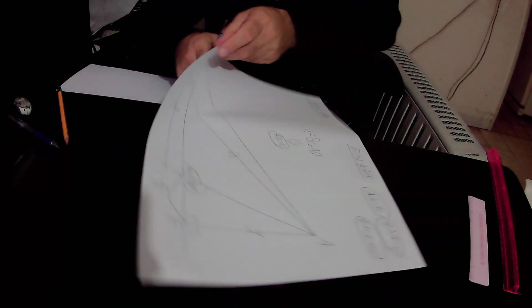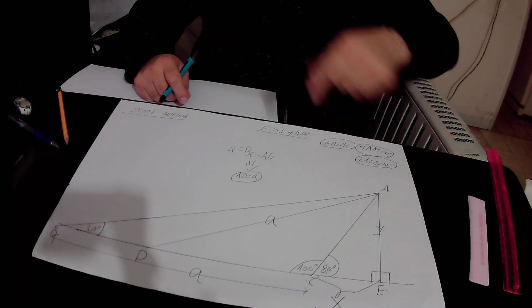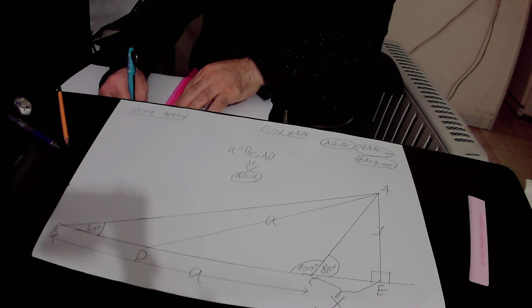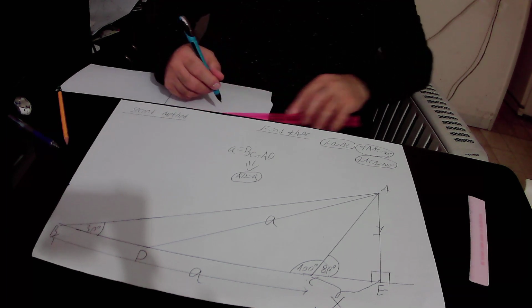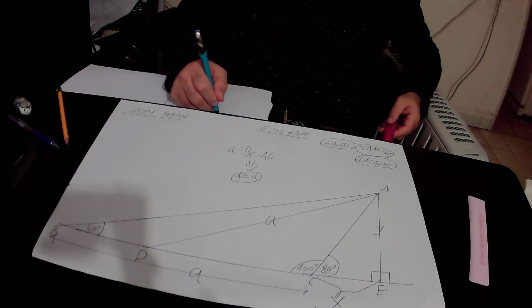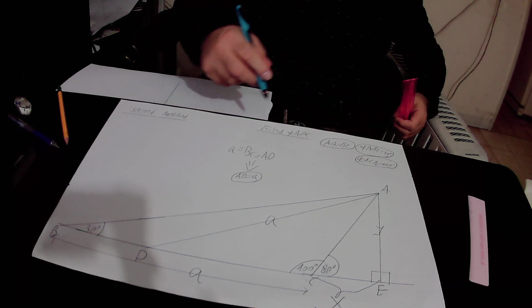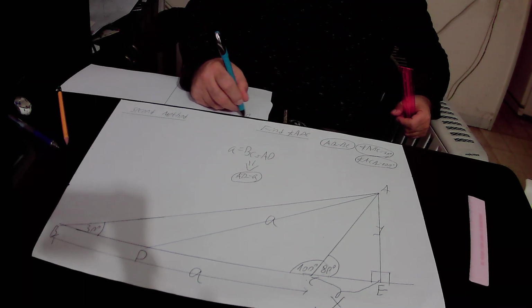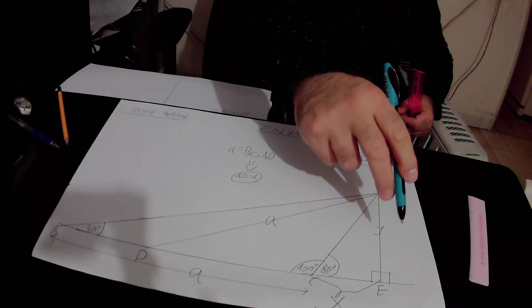So in the next step, we will focus on the right triangle, triangle ACE. In the right triangle ACE, we know that tangent 80 degrees equals AE over EC.